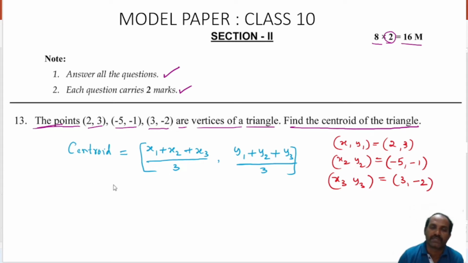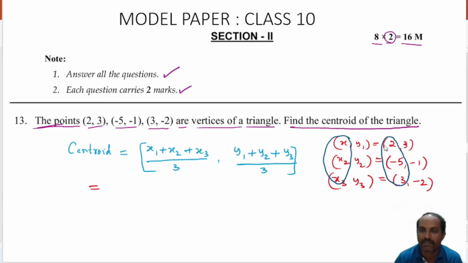Now substitute these values here: ((2 - 5 + 3)/3, (3 - 1 - 2)/3).